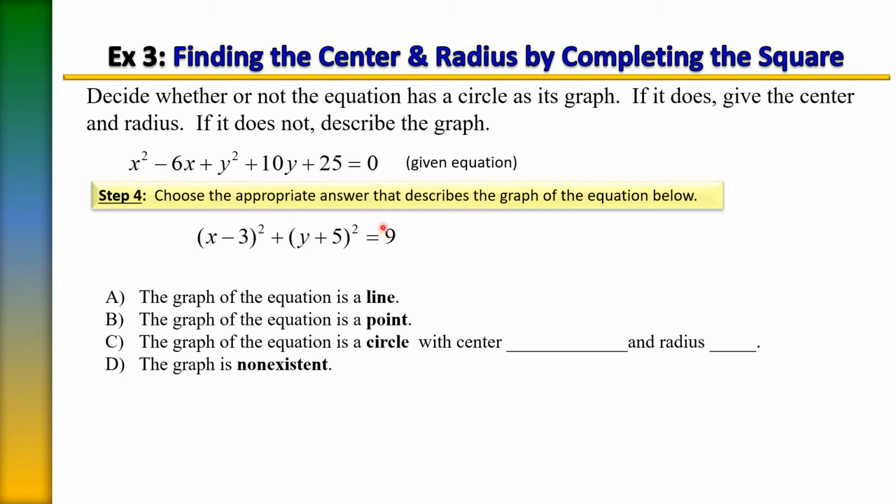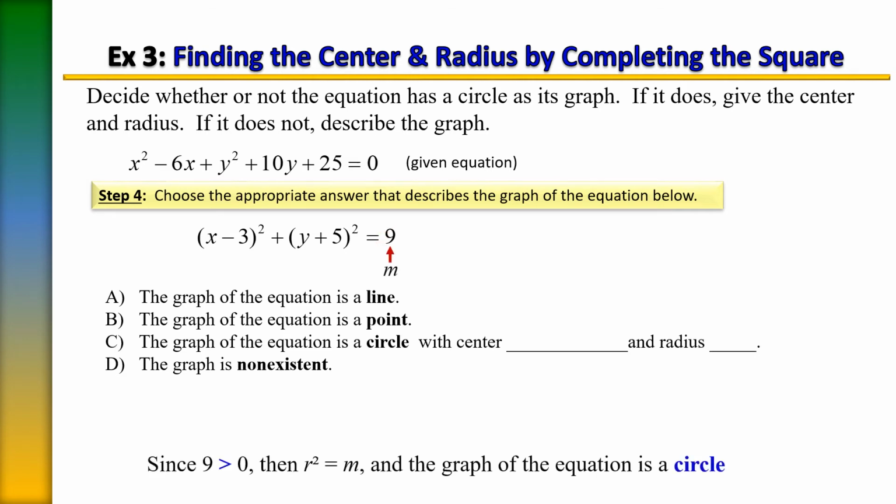Take the square root of 9, and that will give our radius of 3. So we have a circle with a center of 3, -5, and a radius of 3. Choice C. And so there you have it.